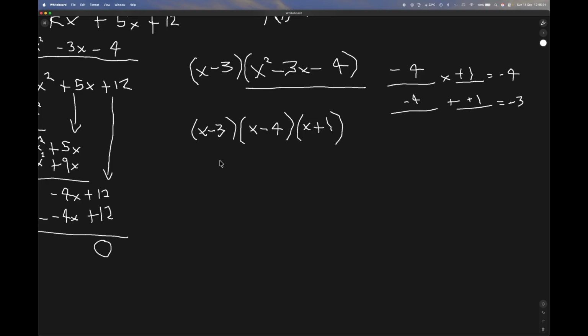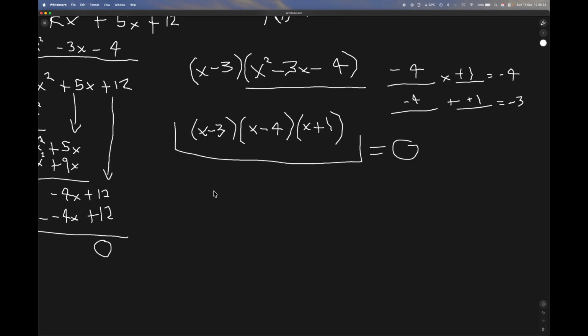Now, the zeros of this is just when we set these here equal to 0. So if we set x minus 3 equals to 0, neat little trick we can do is we flip this sign, and then the 0 will be this sign flipped, and then that number.